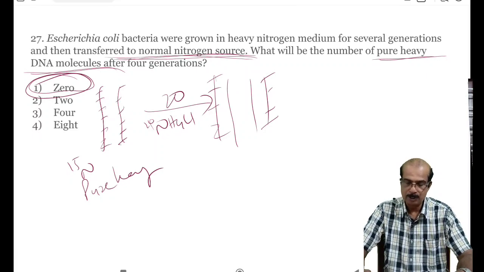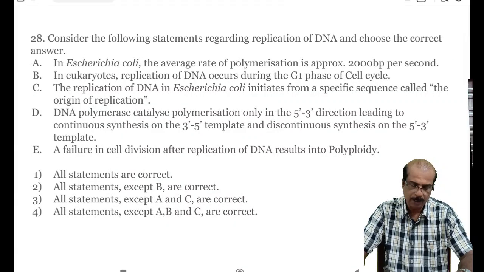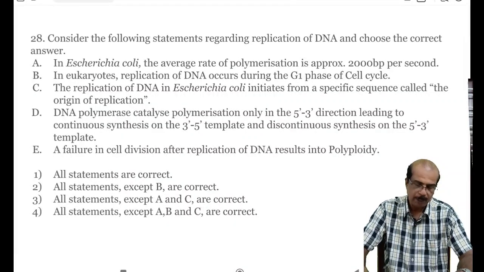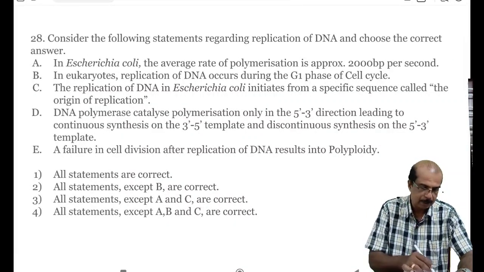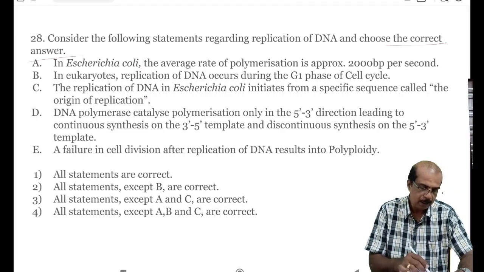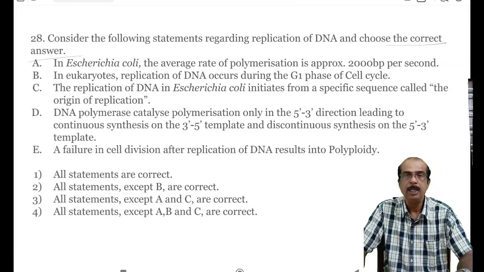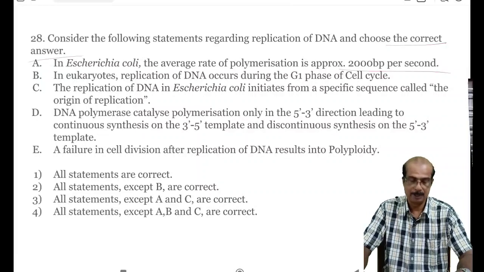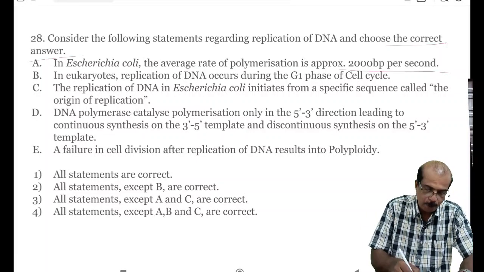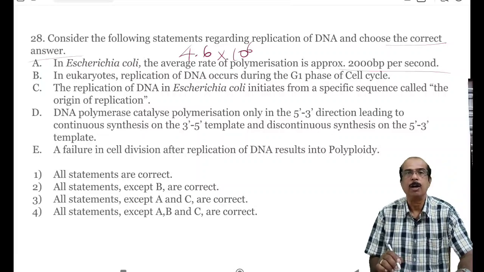Yes, moving to the next question, the 28th one. Five statements are given. You have to choose the correct answer. In Escherichia coli, the average rate of polymerization is approximately 2000 base pairs per second. Here, 4.6 into 10 raised to 6 base pairs are there in E. coli.